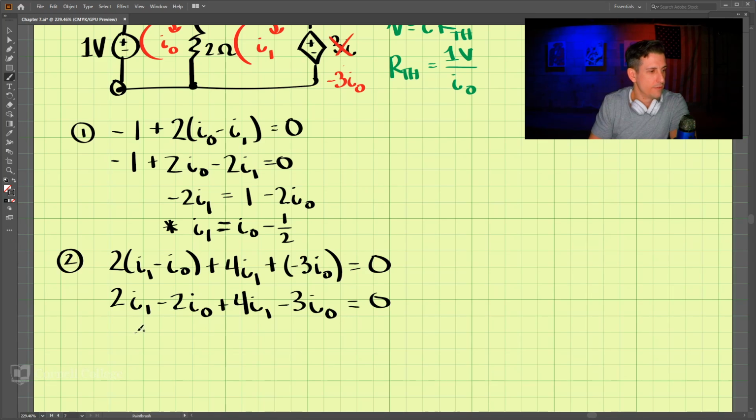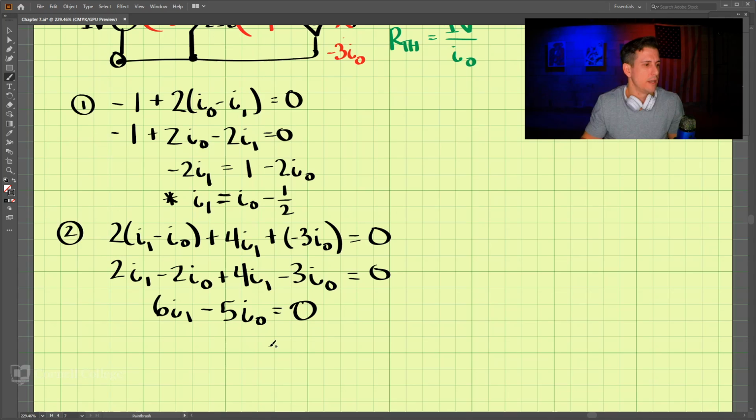So that comes out to 6I1 minus 5I naught equals 0. And then we can plug this into our I1.